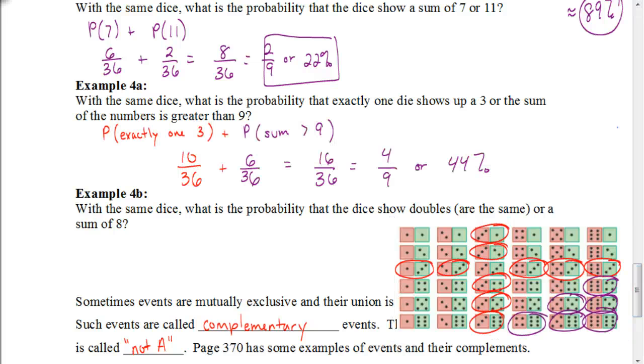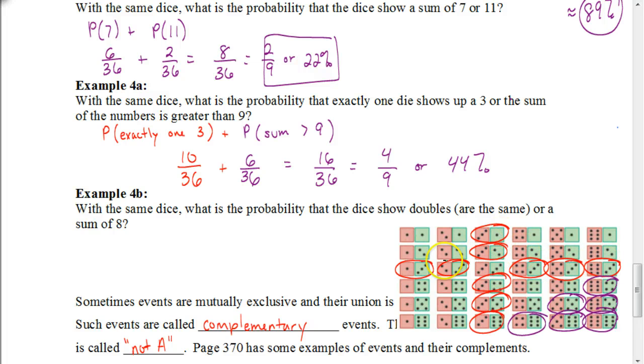Okay, let's see how you did on this first one. You should see that these are mutually exclusive. It is not possible to have exactly one number showing up a 3 and having a sum greater than 9. The idea here is that it's exactly one number that's a 3, so we're not going to count the 3 and the 3.